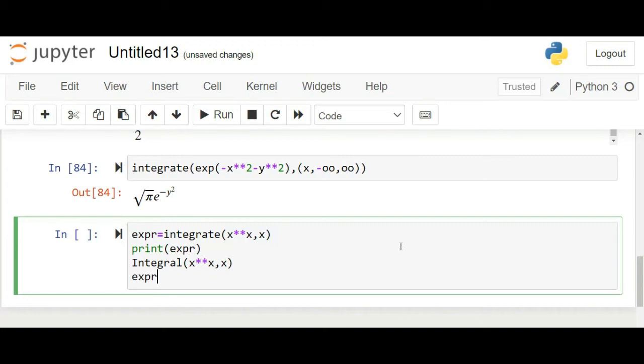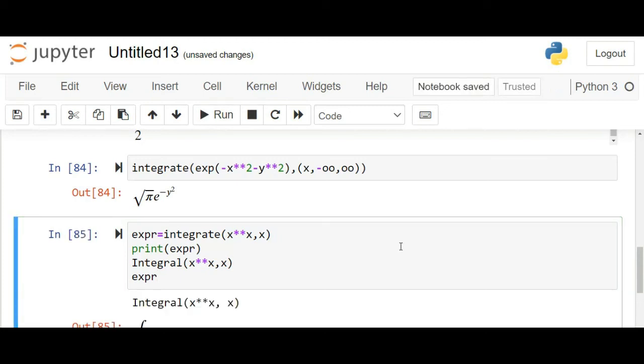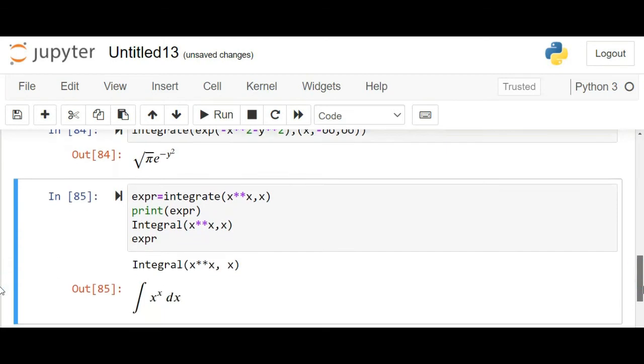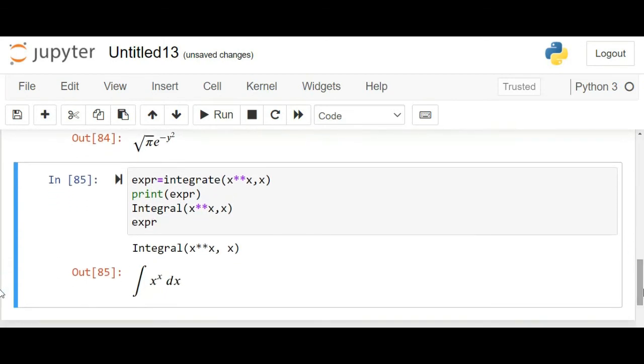We want to write the integral, then of course this is our integral, x raised to the power x with respect to x, meaning dx.